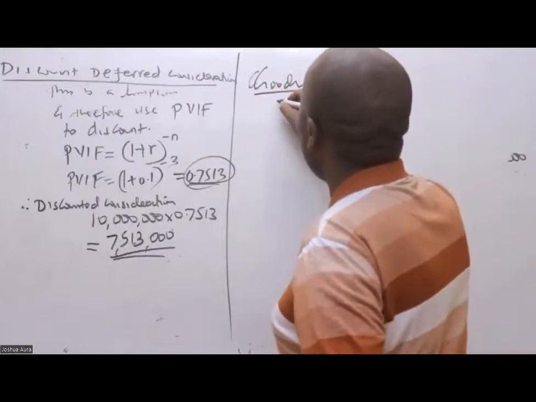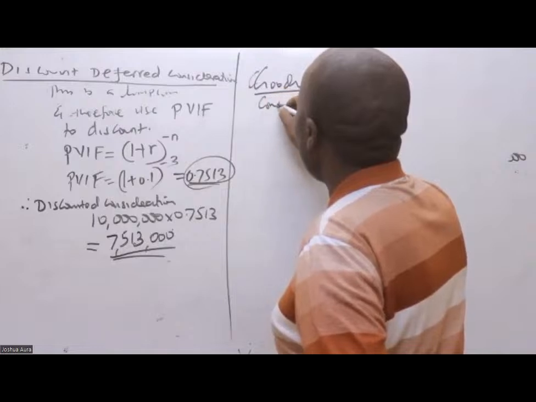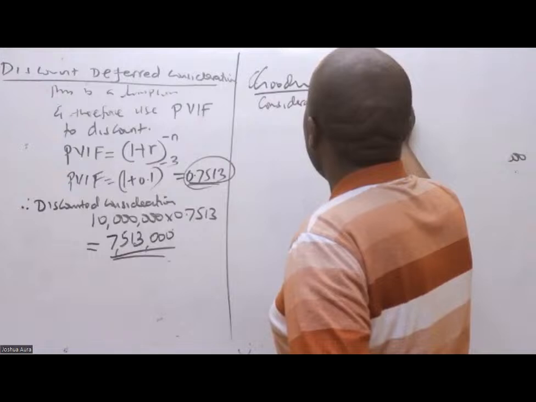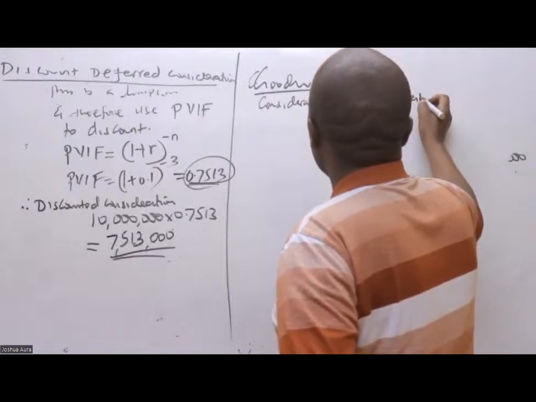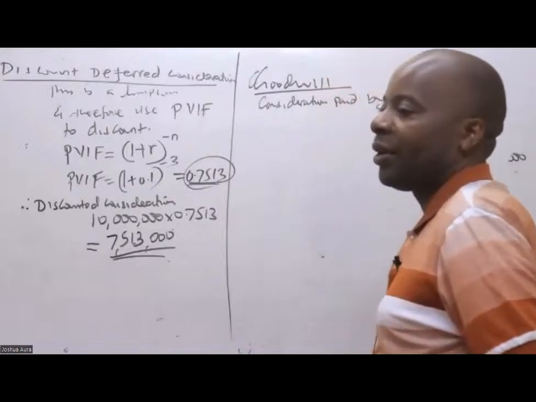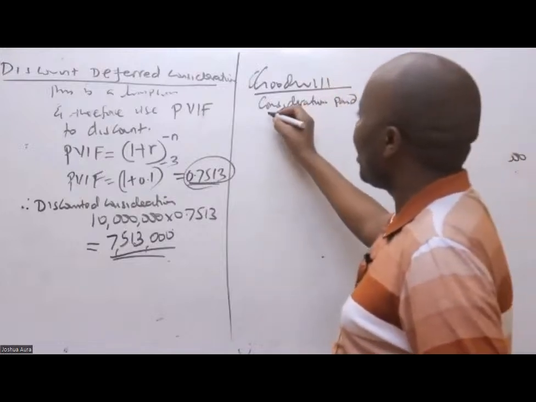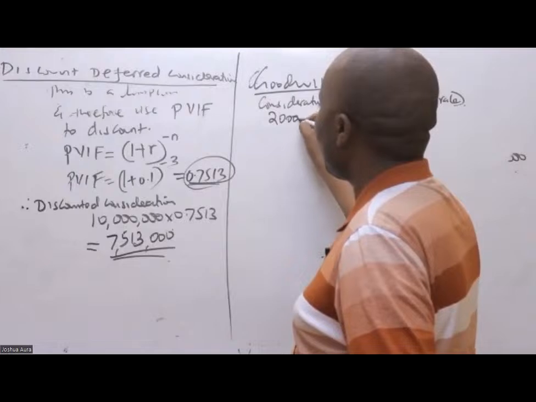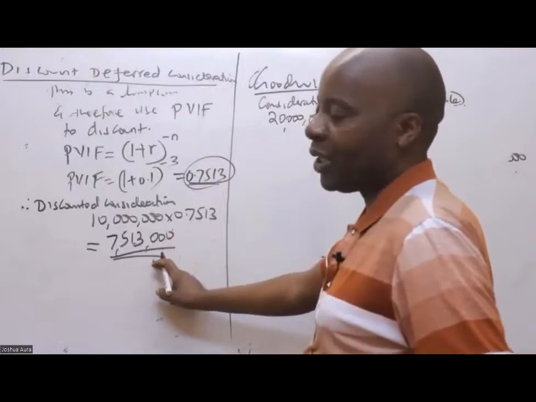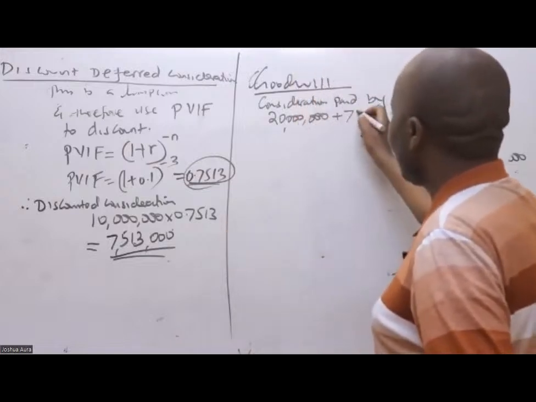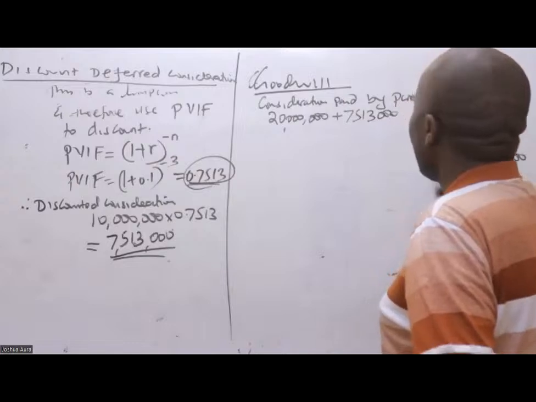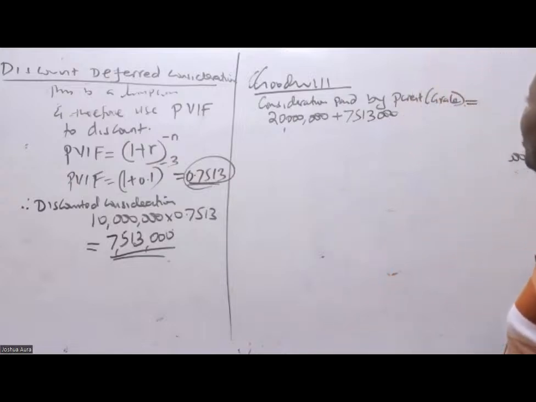Then I will have here the consideration paid by the parent, who is Grace. Remember, Grace made an immediate consideration of 20 million, and then we have this deferred consideration of 7,513,000. So can somebody give me this figure? This figure here will be 27,513.